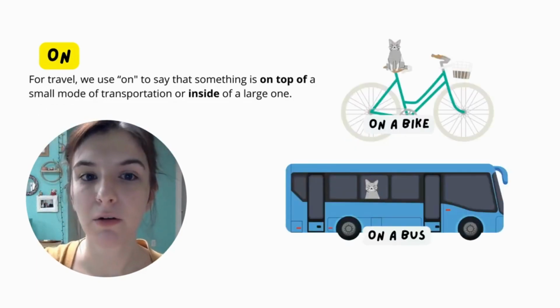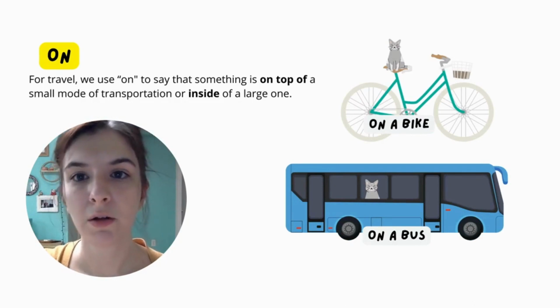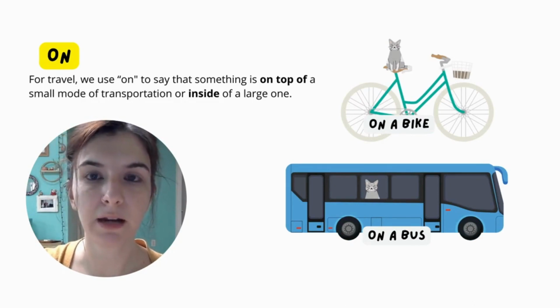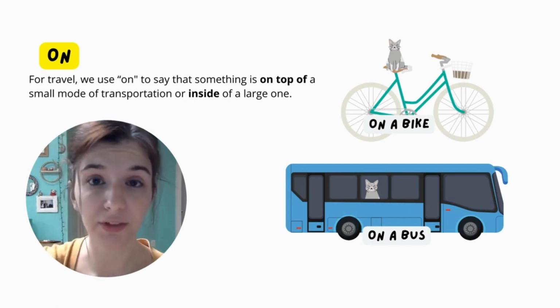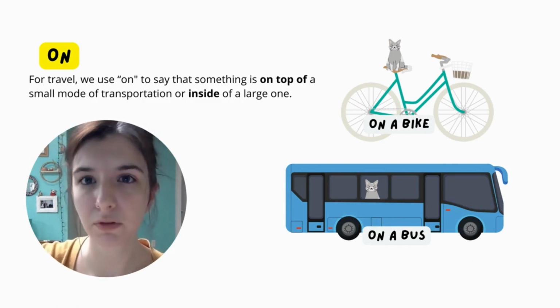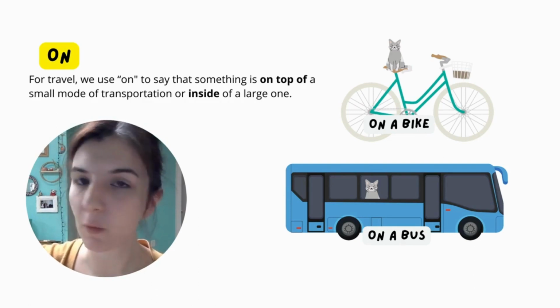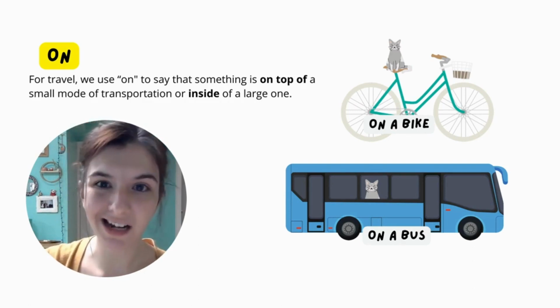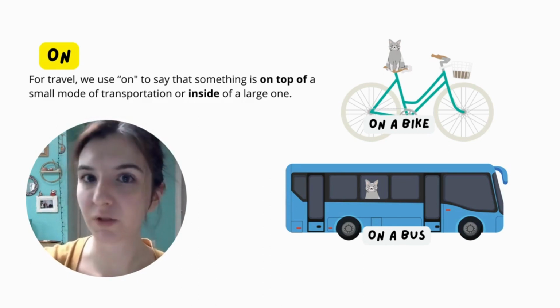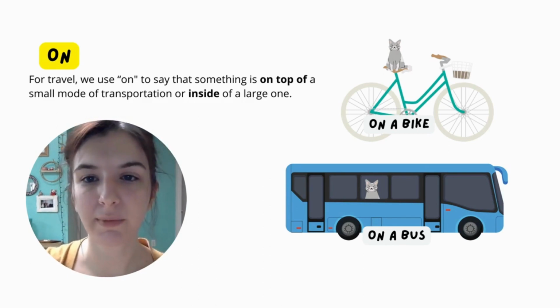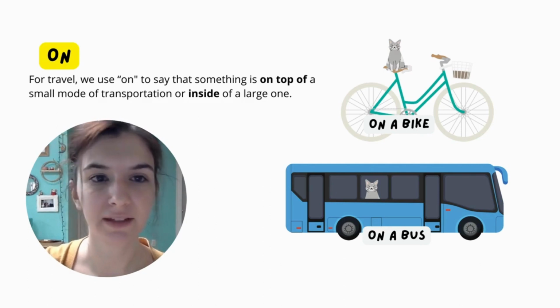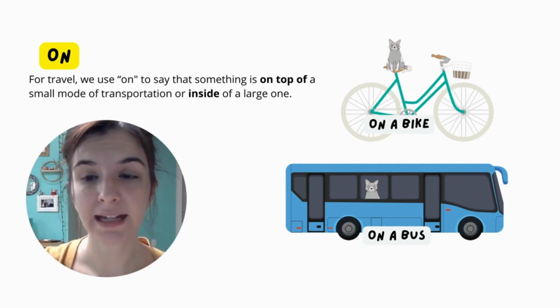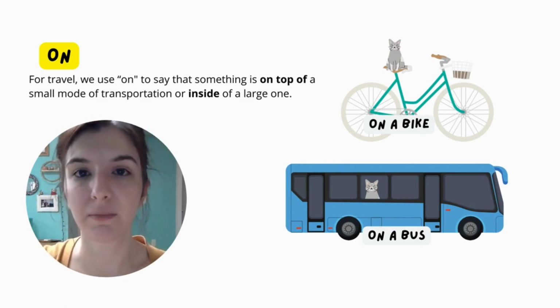Finally, let's talk about on. So in general, we use on when we're talking about something being on top or on the surface of a small mode of transportation, or when we're talking about someone or something being inside a large mode of transportation. So here are some examples, of course. So we have this cat is on a bike. He's not physically inside of anything, he's on the surface of the bike.